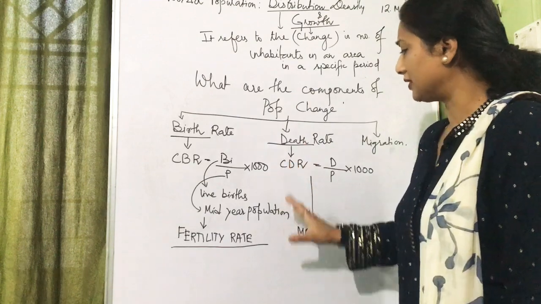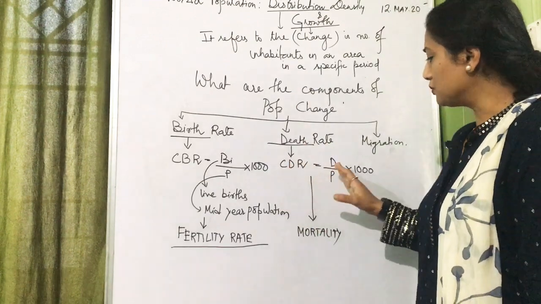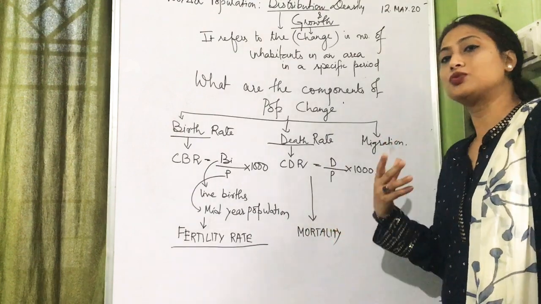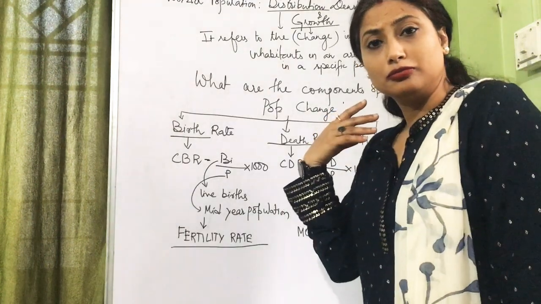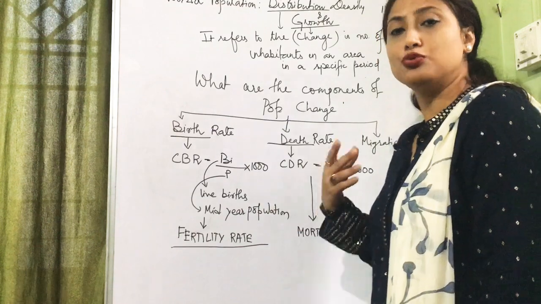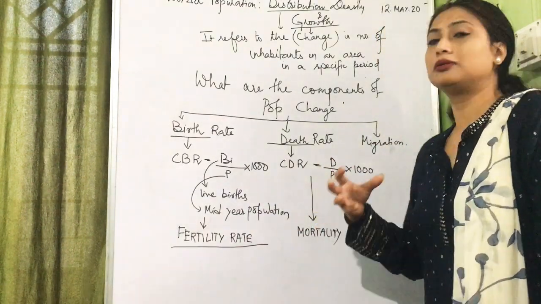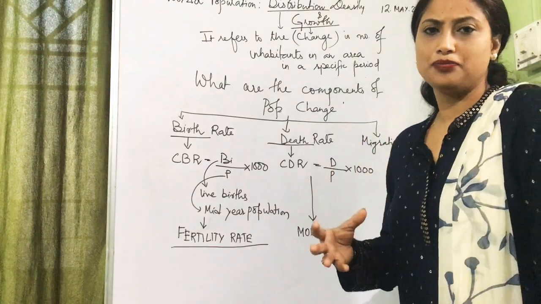Now we come to the death rate. Death rate can be measured in different ways, because we have infant mortality rates, prenatal mortality rates, postnatal mortality rates. So mortality rate gives you the picture of the number of deaths in a society.